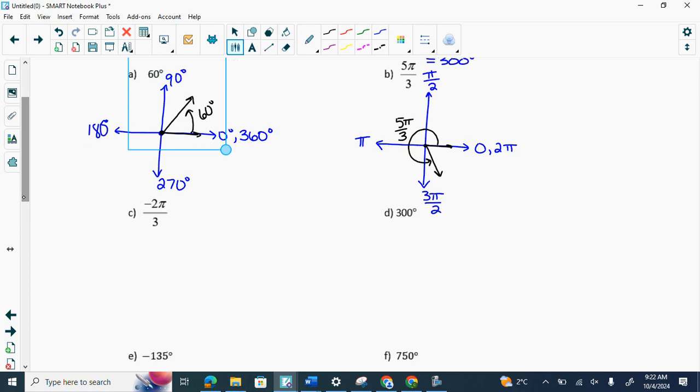Okay, same thing here. So I'm going to go 0, and then negative pi over 2, then negative pi, then negative 3 pi over 2, and then negative 2 pi. Still have an initial arm here.